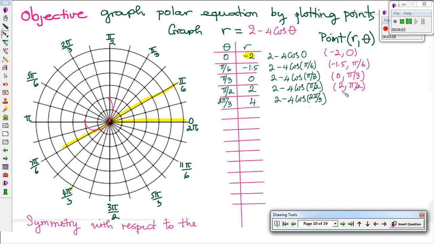So we will plot the point 4, 2 pi over 3. So 2 pi over 3, this is the terminal side. From the pole we count 1, 2, 3, 4. Now we go ahead and connect the point.